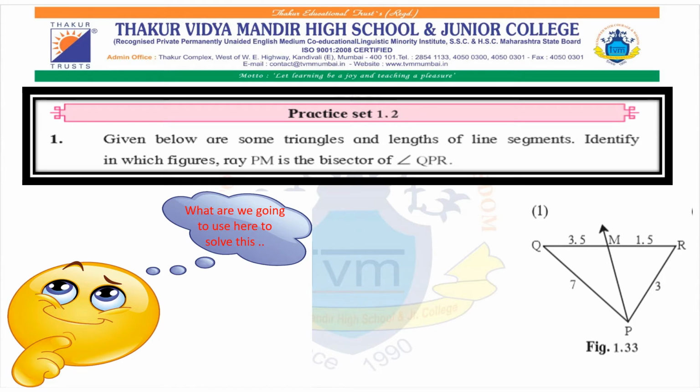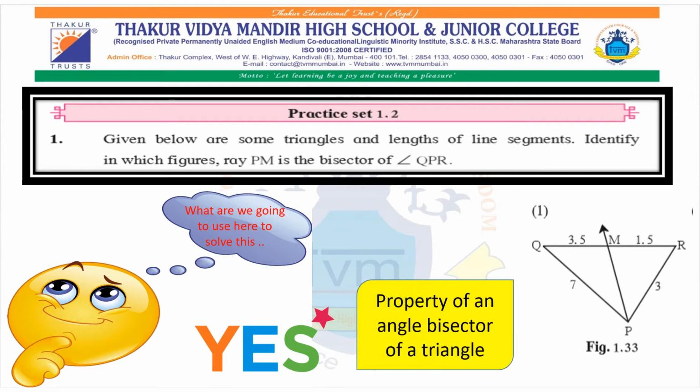Any one will be used here to solve this sum, to prove PM as a bisector. So can you tell me what we will be using here? Yes, you are right. We'll be using the property of an angle bisector of a triangle, as we need to prove ray PM as a bisector.